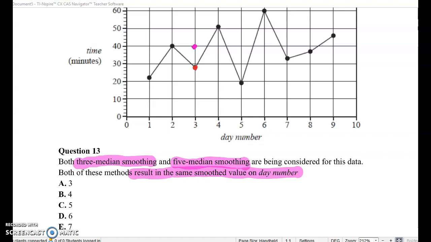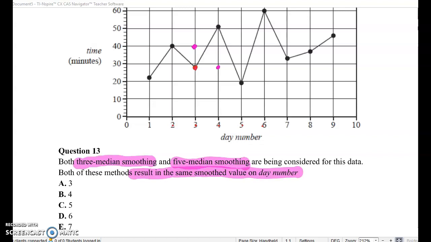With our 3 median smoothing, we're looking at the 3 bits of data from day 3, 4 and 5. So 1, 2, 3. So it'll be centered here. And with 5 median smoothing, we're getting our data from day 2, 3, 4, 5, 6, centered at day 4.